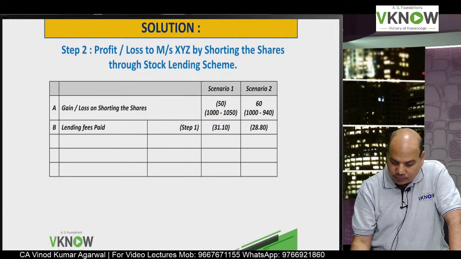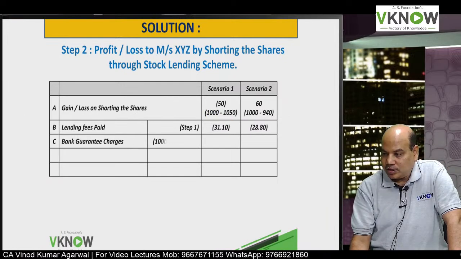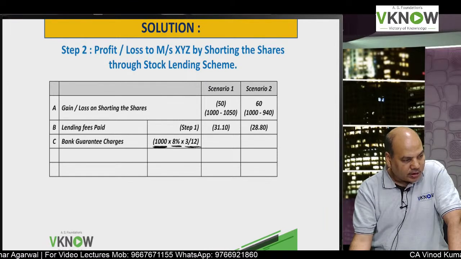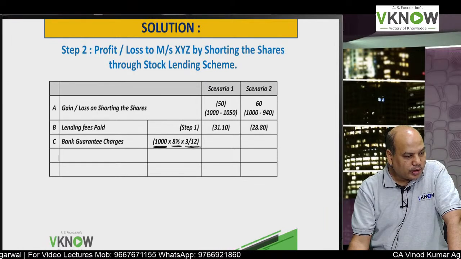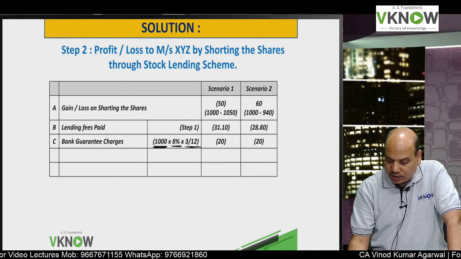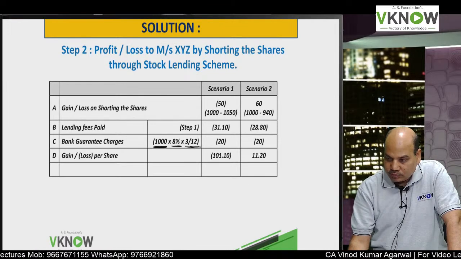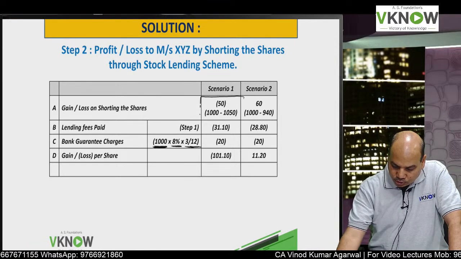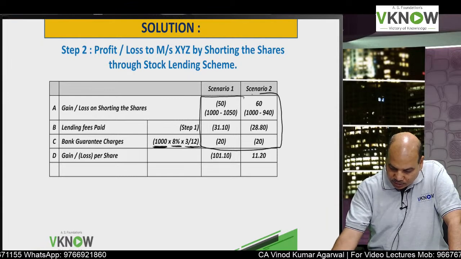Then write down bank guarantee charges: 1000 rupees into 8% for 3 months. So the bank guarantee charges are 20. So gain or loss per share, take the total of these three numbers carefully.